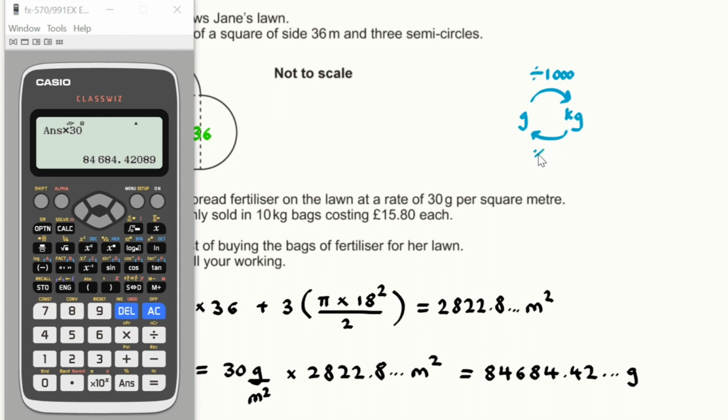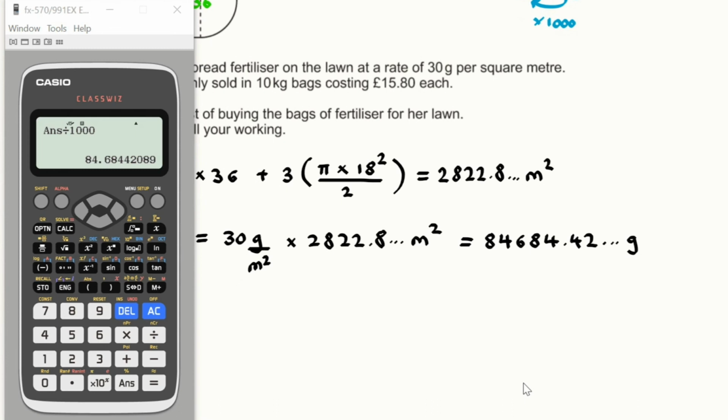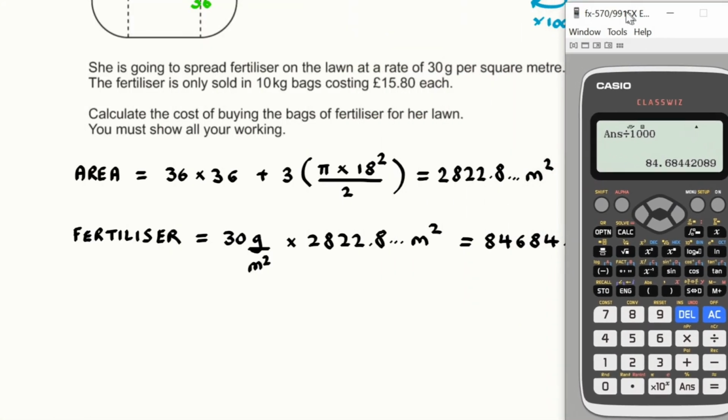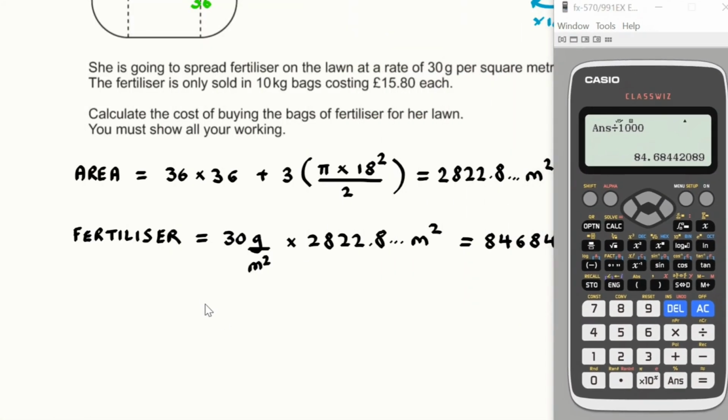Kilograms to grams, I need to multiply by 1000. So if I divide this by 1000, what we end up with is the amount of fertilizer being 84.68 etc. kilograms.